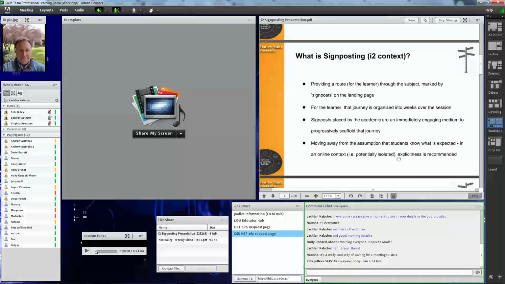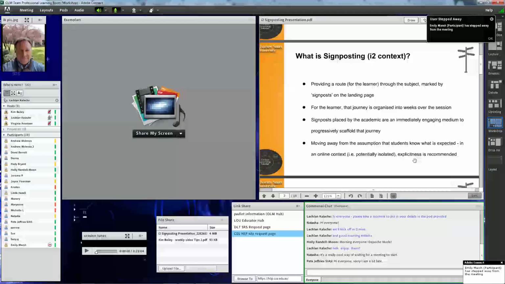So the idea is that we move away from those assumptions potentially and get into the idea of explicitness. If you want to get through this, these are the things you're going to need to do. Yes, you're going to have that top 15-20% of students that are able to intuit and make progress themselves without your instruction, but there are certainly others at the bottom that this will benefit.